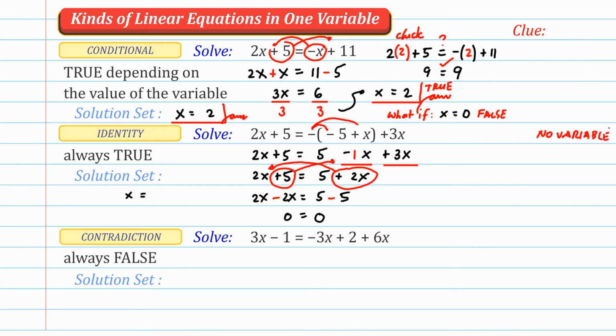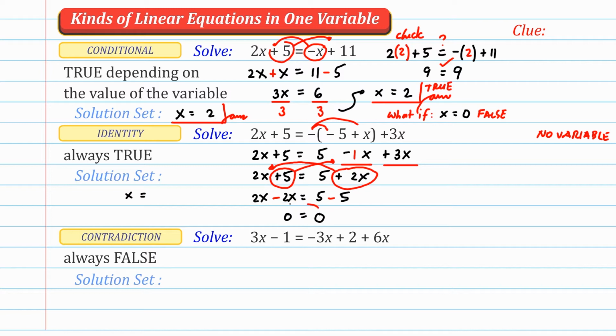Oh, no variable. What do we do? That means there's no variable because your x will not matter. Whatever the value of x is, it doesn't matter because it will just cancel out. So, this is all that remains. In the end, it's always something equal to something.